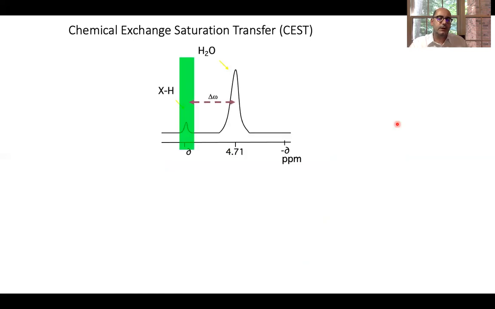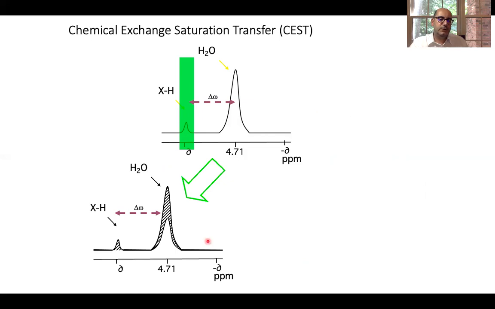The way we generate the image, we give the saturation at a specific frequency, let's call it delta, and we get a reduction in the MR water signal intensity.